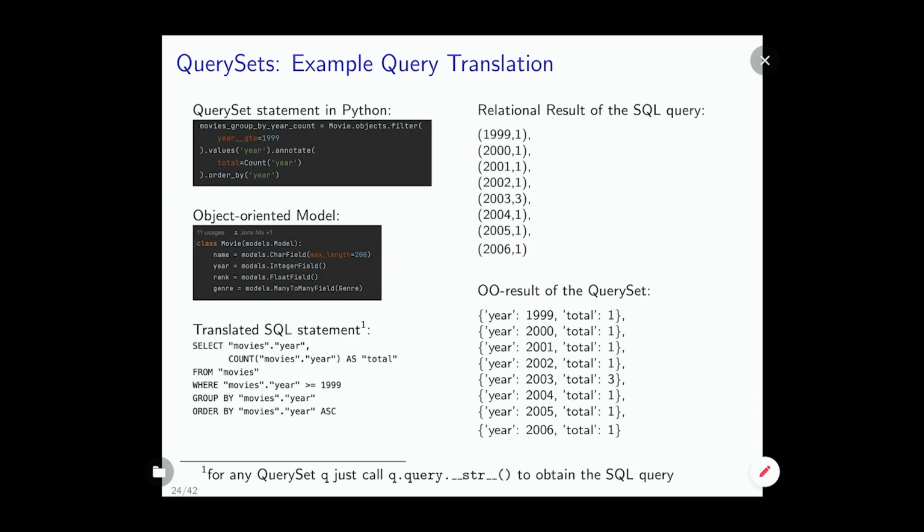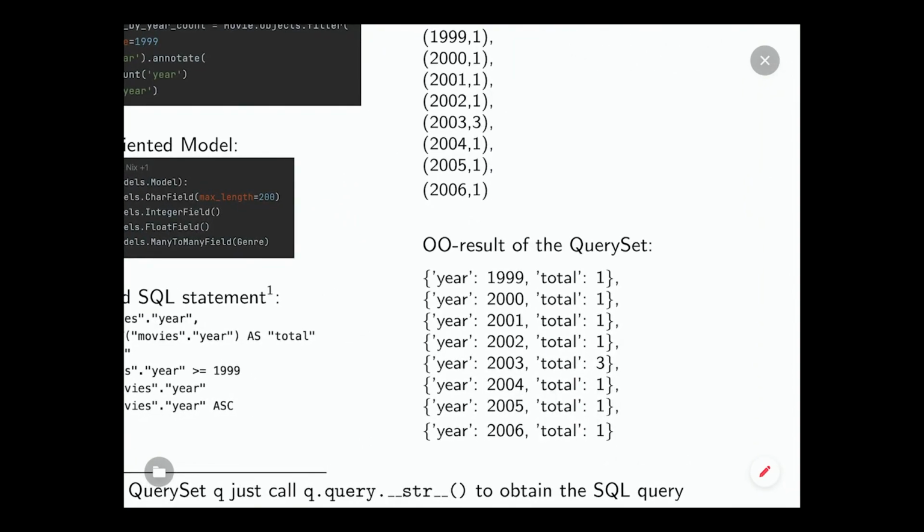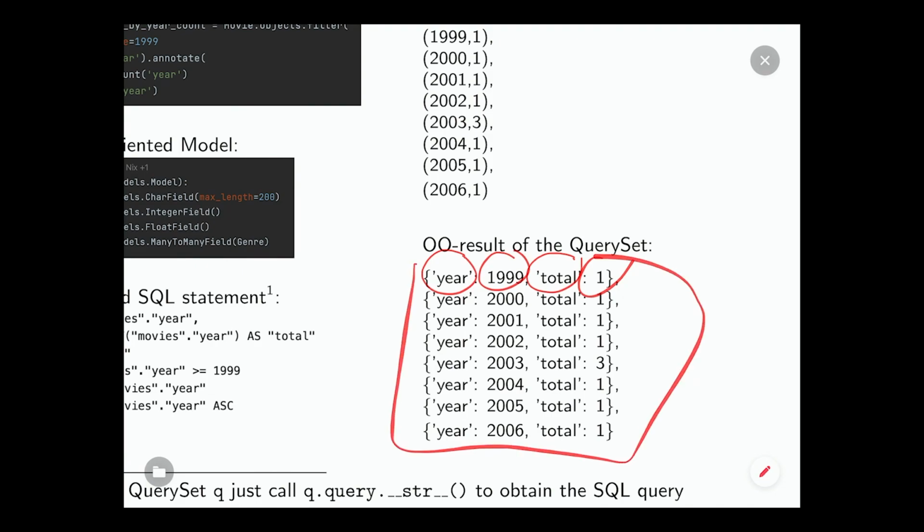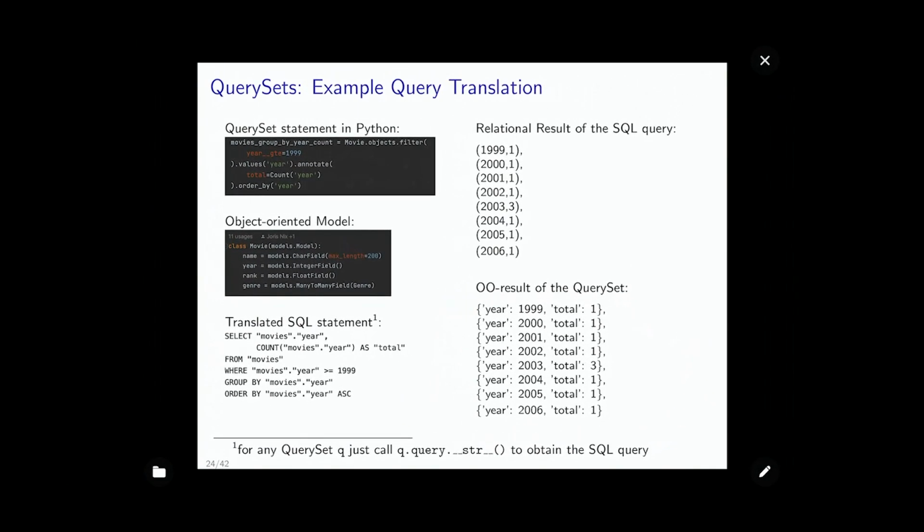So basically, the object-oriented result of the query set will look something like this. You will get this key value, the dictionary style notation, where you always repeat the attribute name and their values. And then you have one dictionary for each of the results, for each of the groups being computed. So that's an example here. Keep in mind that you can always inspect the SQL command being issued underneath by Django ORM.